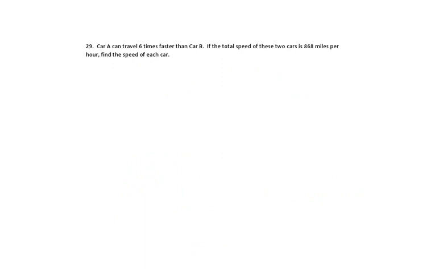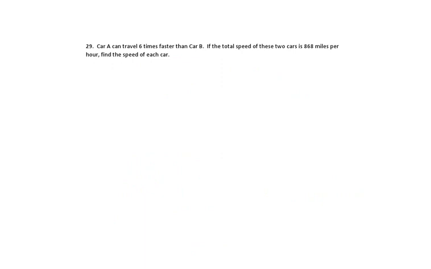Alright, 29. Car A can travel 6 times faster than car B. If the total speed of the cars is 868, find the speed of the cars. First observation, these are some really fast cars. They must be rocket cars.